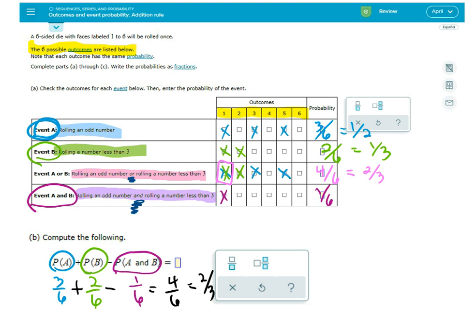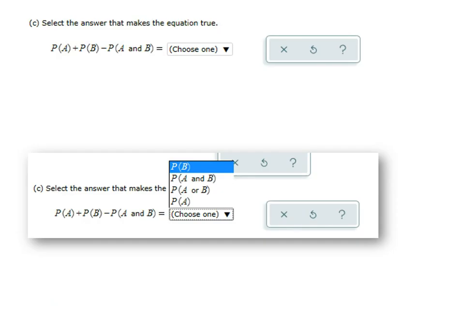Okay, now that's going to take us to this last part, which I can't fit in. It asks you, when you calculated the probability of A plus the probability of B minus the probability of A and B, to click this drop down box, which is kind of funny because when I did it, it didn't drop down, it dropped up.